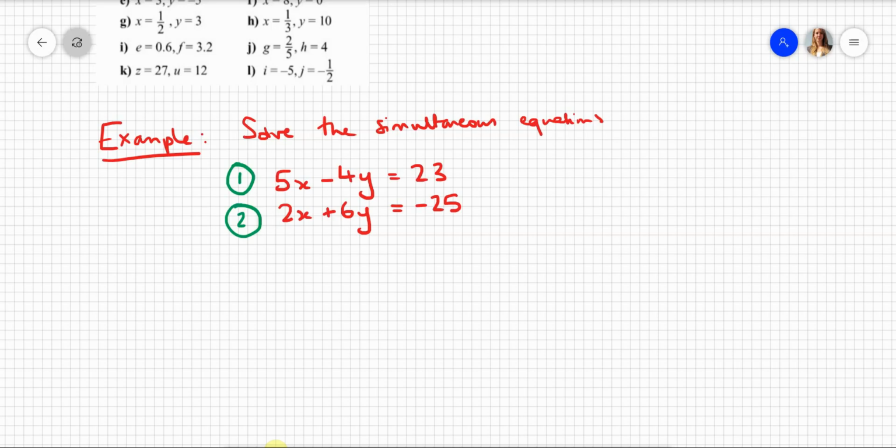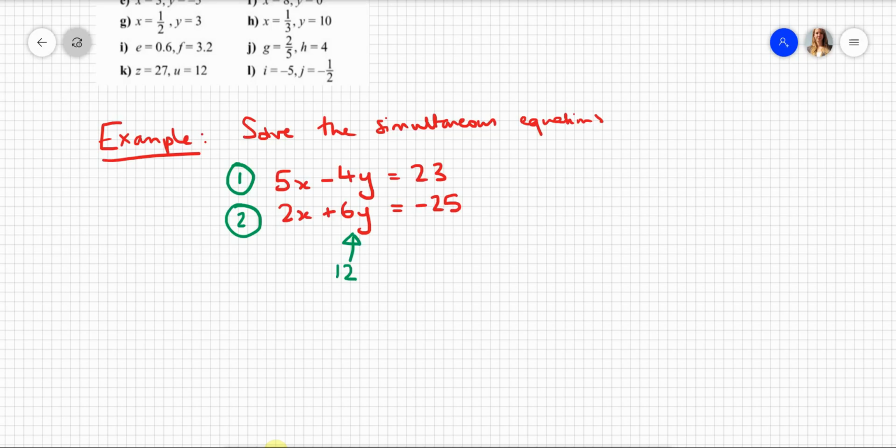For matching coefficients of x, I would multiply 5 and 2 together to make 10, but that involves multiplying this second equation by 5. It's going to be easier if I make the y coefficients match. I can make them both equal to 12, well I can make one negative 12 and one positive 12.